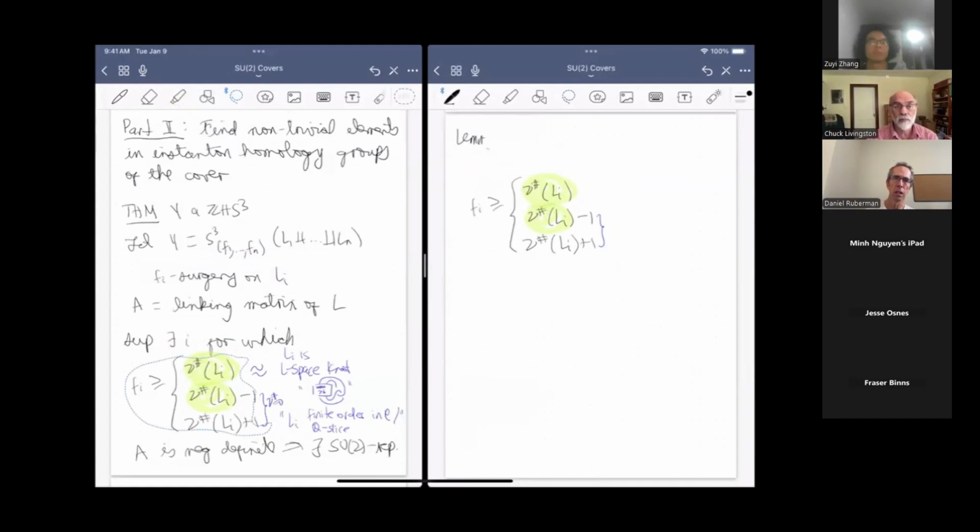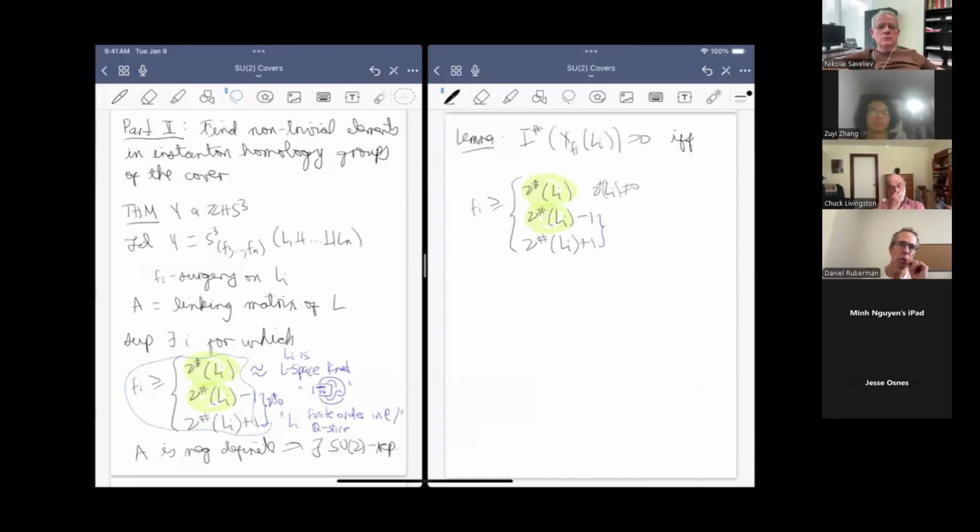So this is our lemma, that the map induced by the trace on a knot K, which in this case I'm calling Li, is 0 if and only if, where this is, right. So we're just saying this is exactly when this happens.